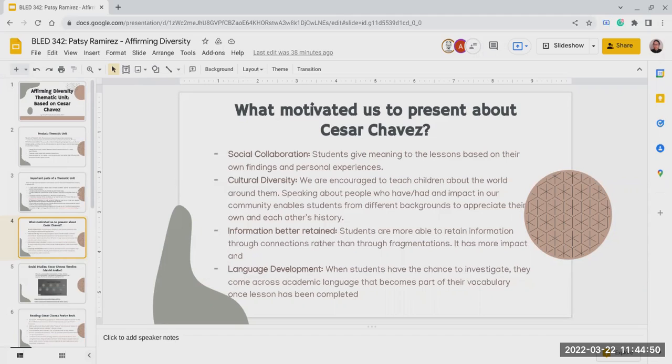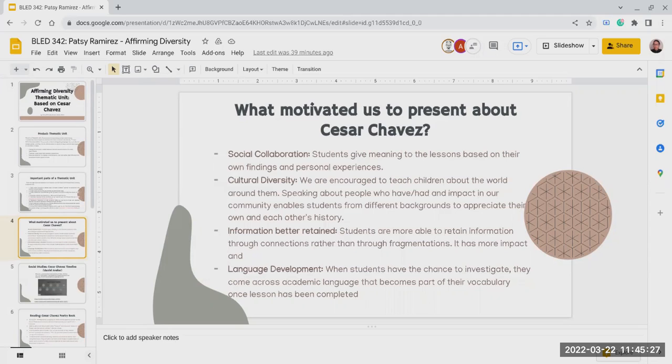Information being better retained could present a challenge to students whenever they read a book or if we are giving lectures. However, with this unit they would have the freedom to explore their own cultures, do their own research, and expand their findings, which would make the lesson more memorable for a long time after the lesson.